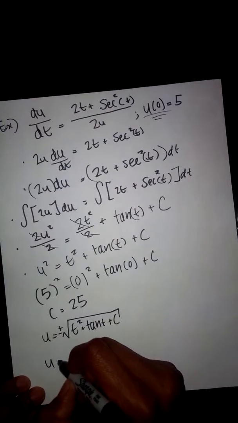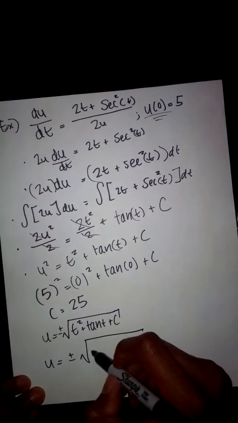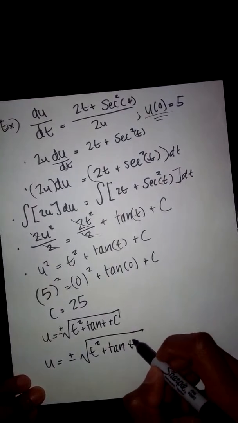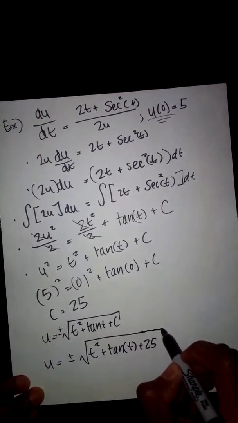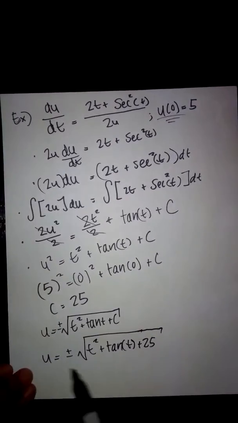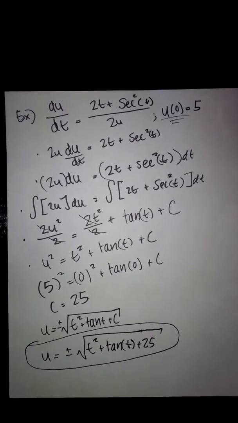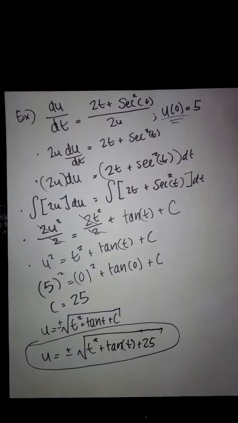I get u is equal to plus or minus the square root of t squared plus tangent of t plus 25. I want to make sure this is under the radical. And this right here is our original function of u.